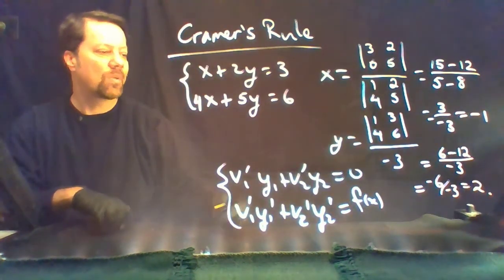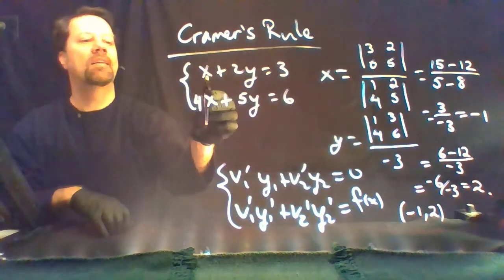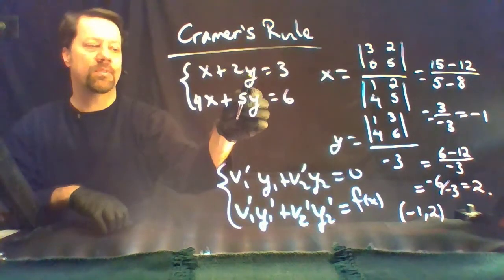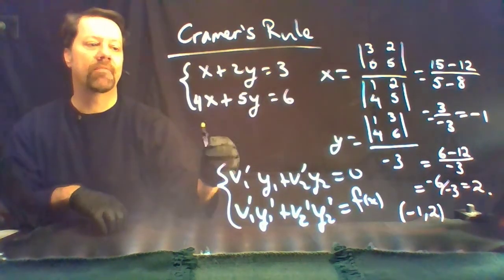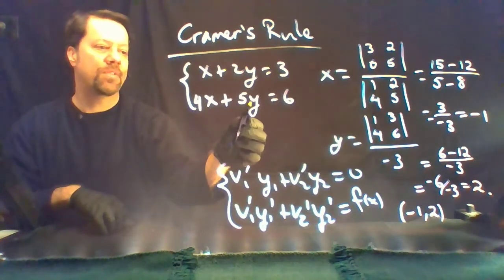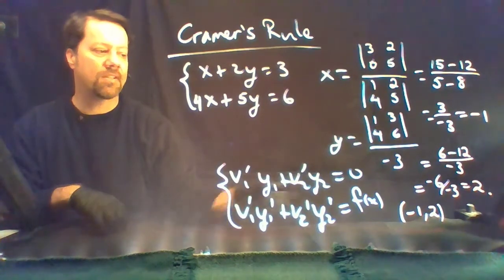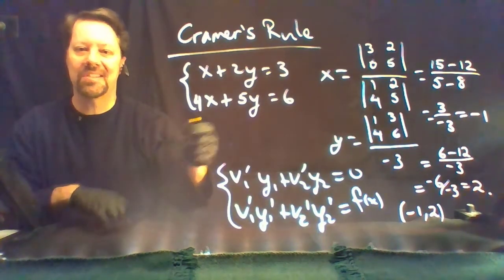You can see that this works. The solution is negative 1, 2, because when you plug it in, negative 1 plus 2 times 2 is 4, 4 minus 1 is 3. If I plug in negative 1 here, I'll get a negative 4. 5 times 2 is 10. 10 minus 4 is 6. And so this is, in fact, the solution to this system of equations.